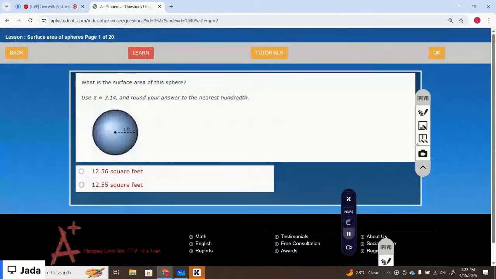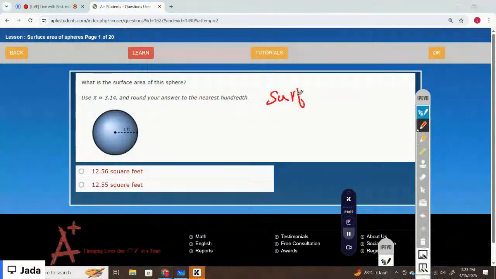What is the surface area of the sphere? The surface area is 4 pi r square.